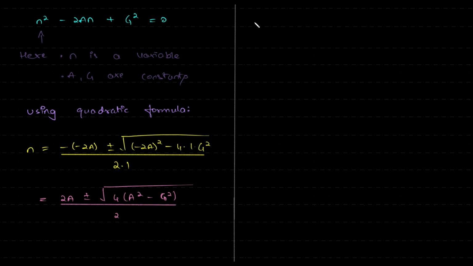And I can rewrite this as 2A plus or minus square root of 4 into square root of A square minus G square, this entire thing divided by 2.